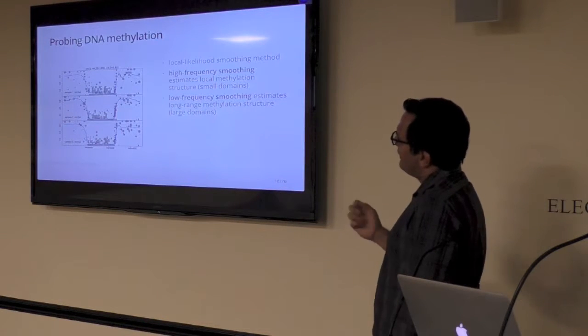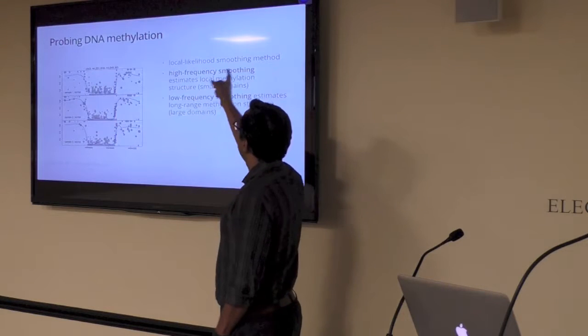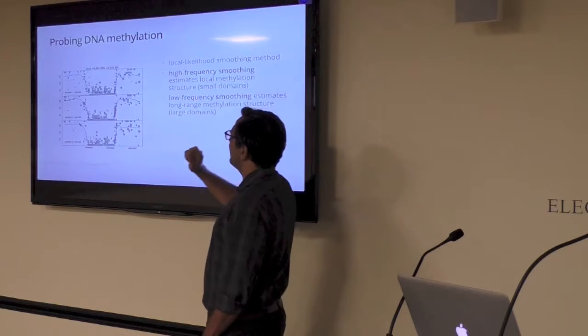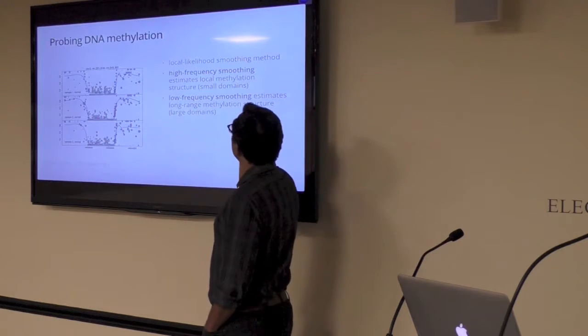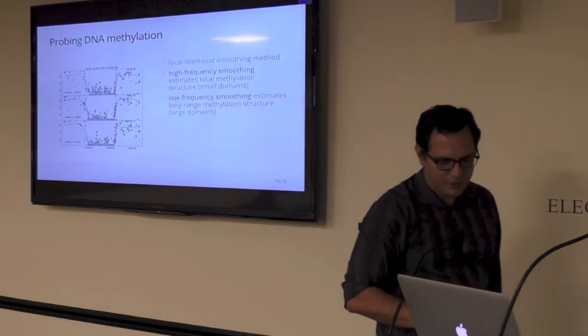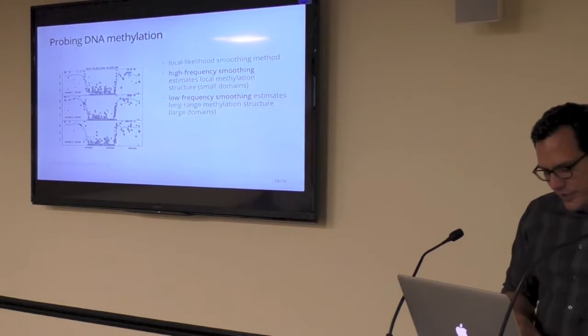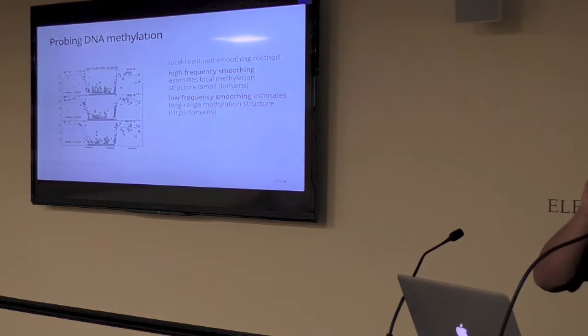Which has a nice biological interpretation, because high frequency smoothing estimates local methylation structure. It's what happens in these local areas, versus low frequency smoothing estimates long range methylation structure, which is large domains. So armed with this methodology, we can now start to make certain discoveries.